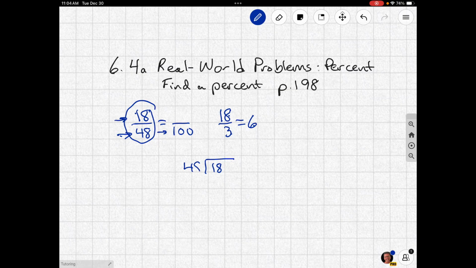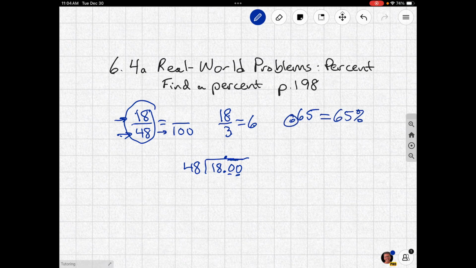18 divided by 48. Well, how do you do that, you might say? Let's call 18, 18.00, because this is my tenths and that's my hundredths. Whatever shows up in these two spots is going to be out of 100, or a percent, because 0.65, as you remember, is equal to 65%.